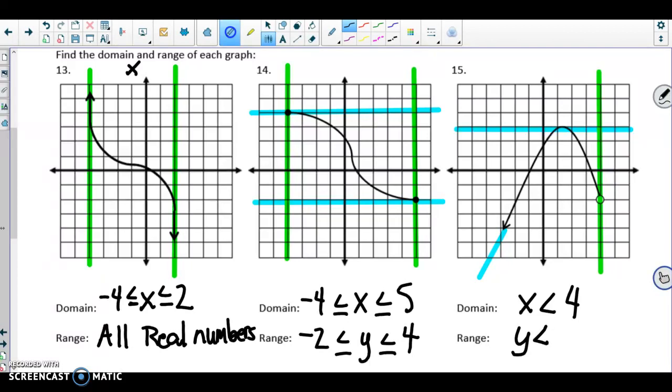So it's going to be less than 3. We need to decide if it's or equal to. Well, being that we're focusing on this right here and not the open dot, because it touches that line and includes that line, yes, it is or equal to. So our range is going to be y less than or equal to 3. All right.